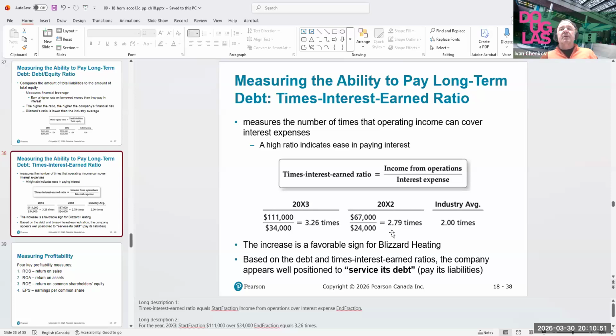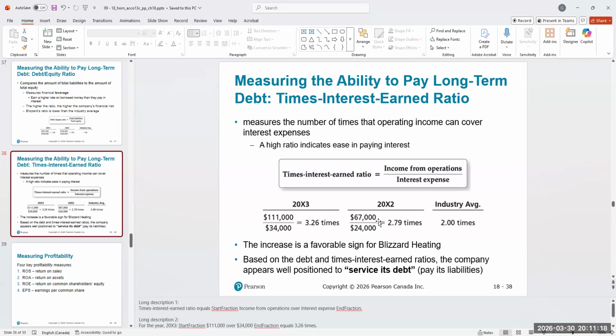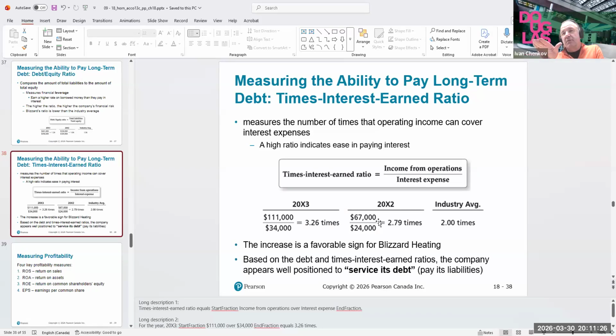So what's happened in this company? In the first year, let's bring this number to one. What does one mean? It means that the income is equal to the interest expense.